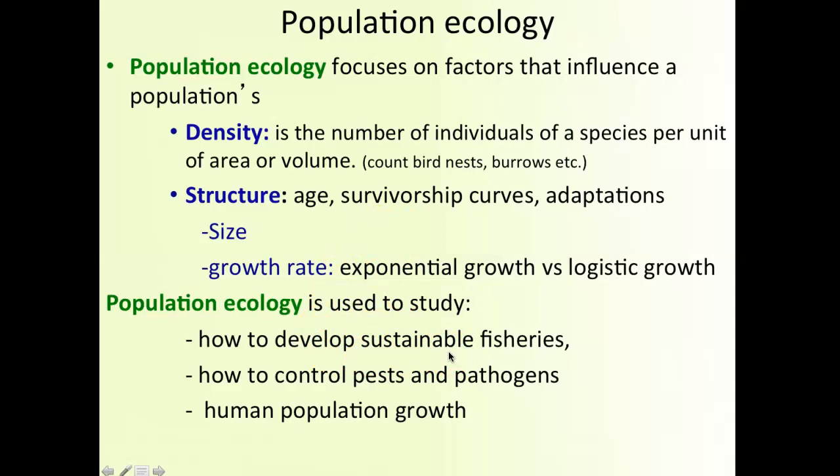The human population is ever growing on the planet, and we need to learn how to provide enough food for everybody in a sustainable way, where you can continuously make food without harming the resources on the planet. If you understand the fish you're growing, maybe you can better understand what they need, what the appropriate population size is for them, how to control pests and pathogens, and also think about human population growth and how we're going to affect the planet.